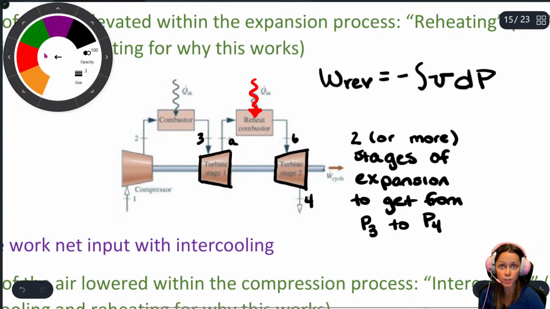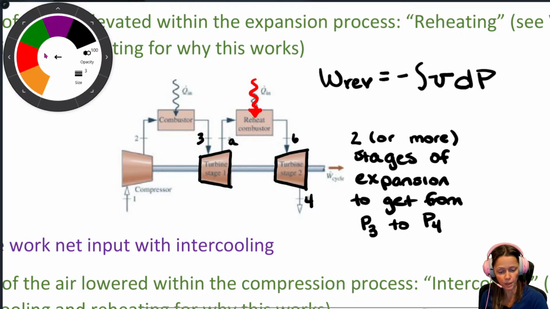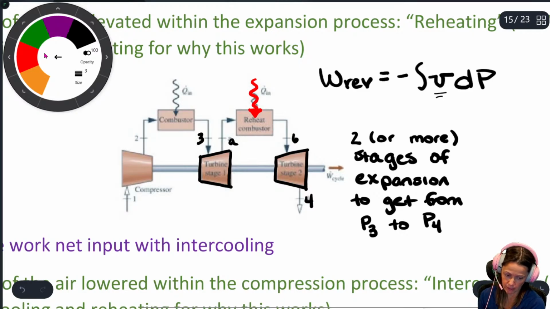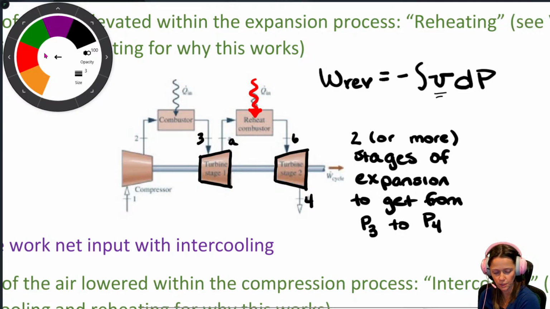This is the equation you might remember seeing, and usually it's really helpful for evaluating pump work, because this specific volume doesn't change for a liquid, so it'll come out of the integral and it becomes v dP. Well, this relationship is still valid for a turbine, still valid for a gas. It just means the specific volume doesn't come out.